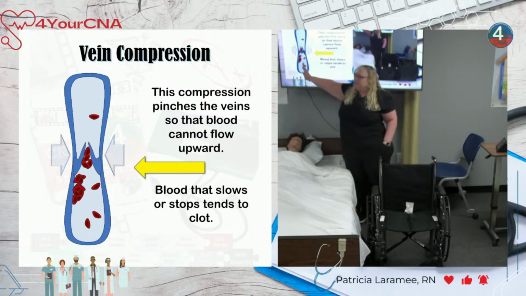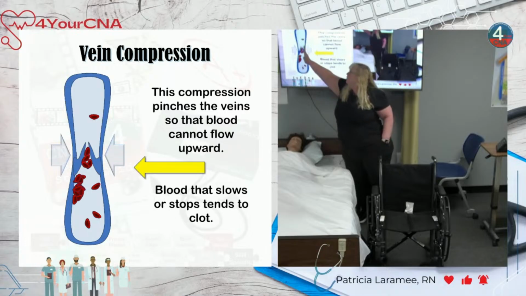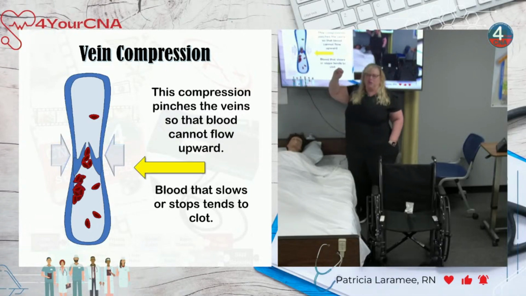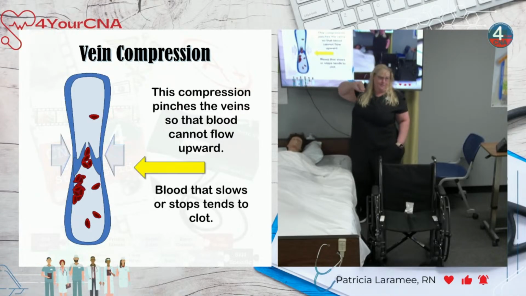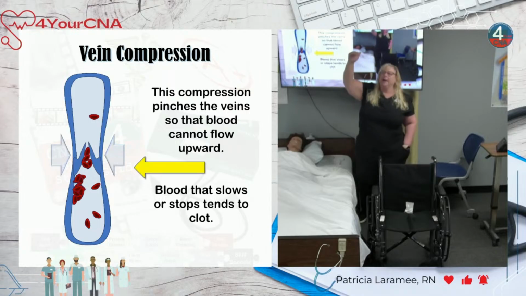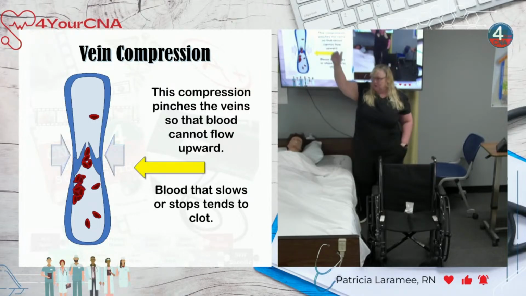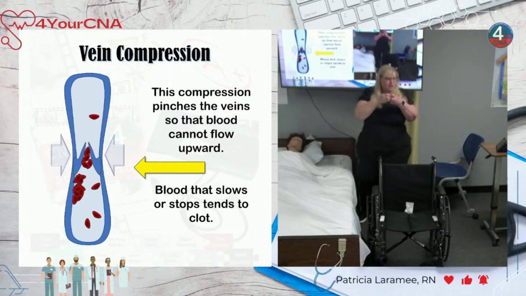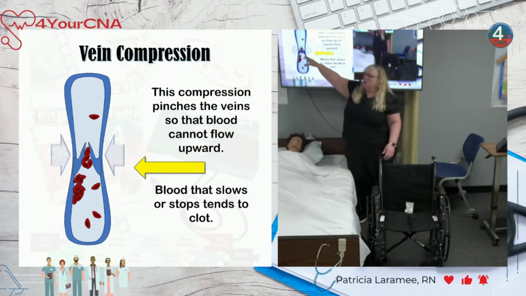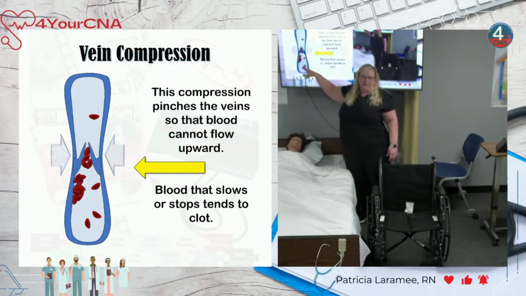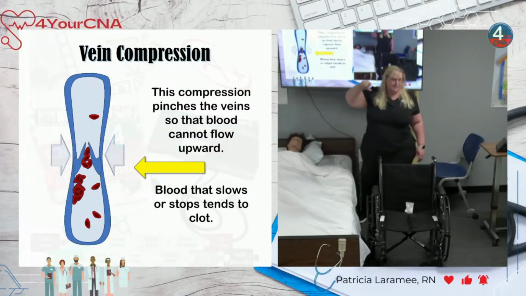So when the heart beats, this blood in this chamber gets pushed up here, and then these valves close to keep it there. And this is how blood climbs back up to your heart. Well, if we've squished these blood vessels closed, that blood isn't moving anywhere. Blood that slows down or stops clots.